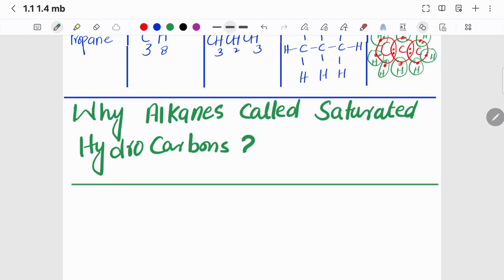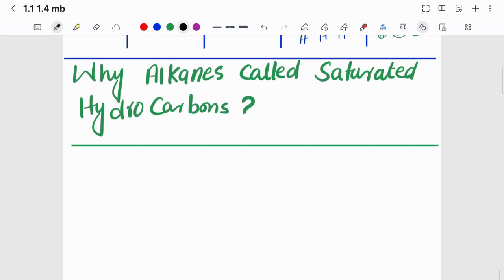This is a very important question for your theory exam, so let's answer it. There are several points which can make you understand this question. The first is that there is only carbon-carbon single covalent bond.